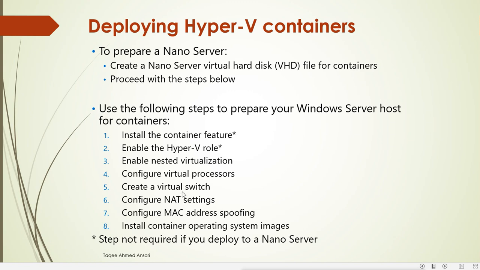We don't have to do these because we have already installed the Nano Server on Hyper-V. We just have to install the container feature into the virtual machine, and then install the container operating system images.